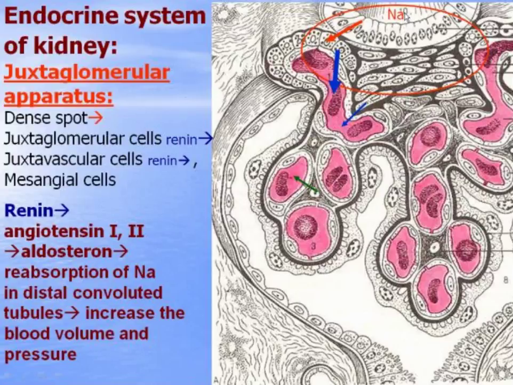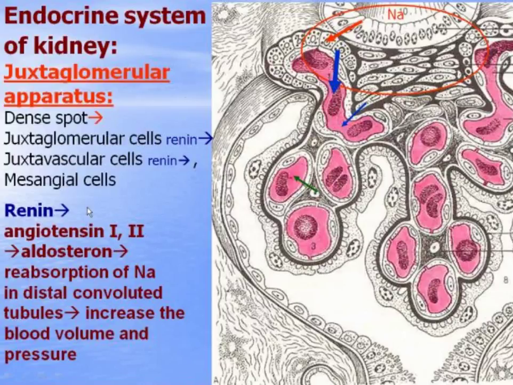If sodium ions increase in concentration, these cells are excited and convey excitation to juxtaglomerular cells, which produce and release renin into the blood.